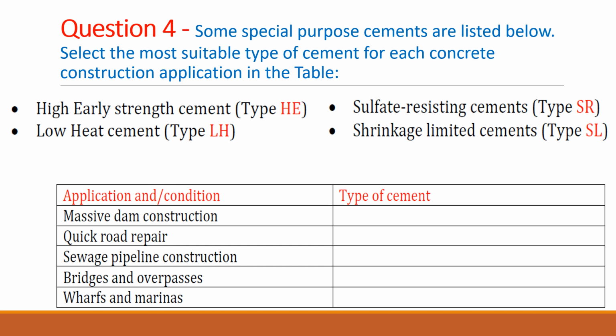So that will be low heat. And how about the quick road repair? High early strength, yes. How about the sewage, sewer pipe? SR, sulfur resisting. And the bridge or overpasses, shrinkage limited, and the marine constructions.